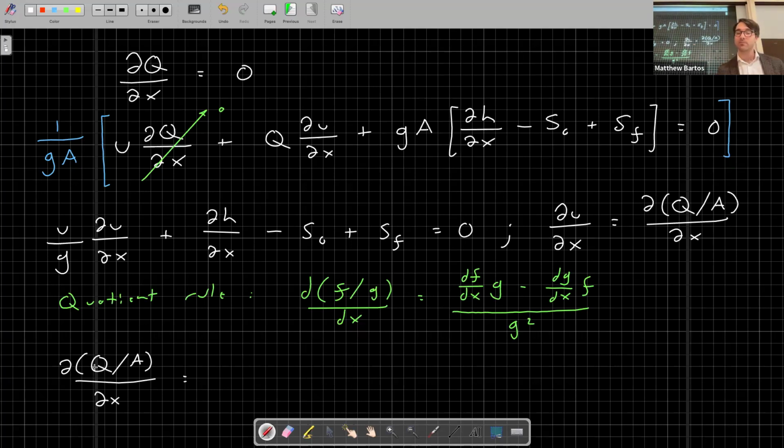We have that our numerator is given by q, our denominator is given by A. So what will this term here, df/dx, be? dq/dx times A minus dA/dx times q, all divided by A squared. Can we simplify this expression?